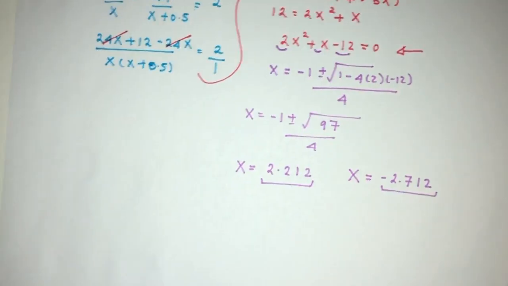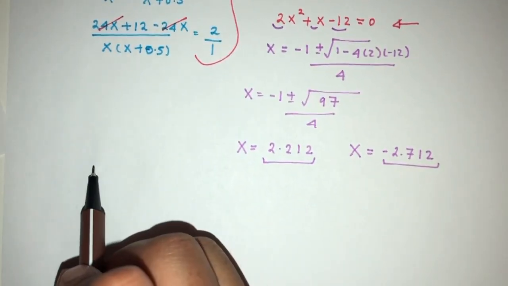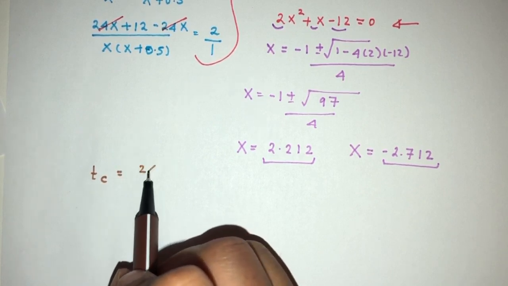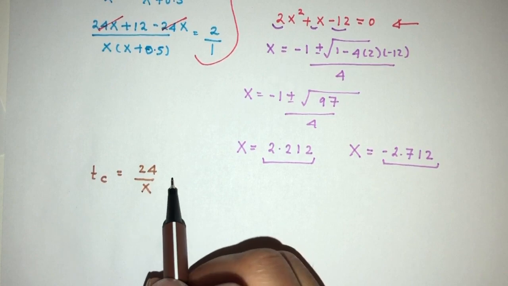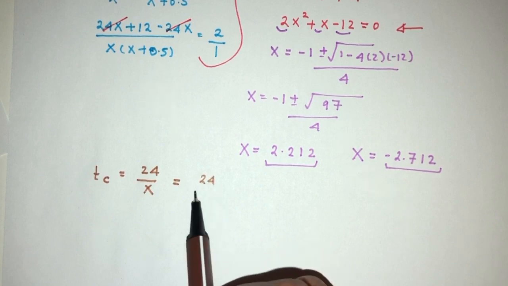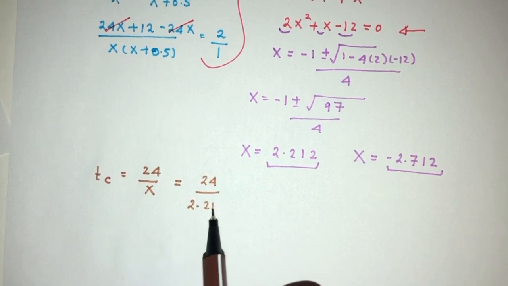As we have seen in cold weather, from part A, it will take 24 over x. Obviously for x, we can only take the positive value here. That will be 24 divided by 2.212.